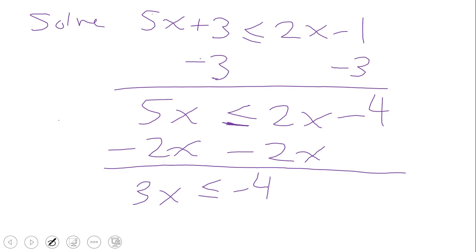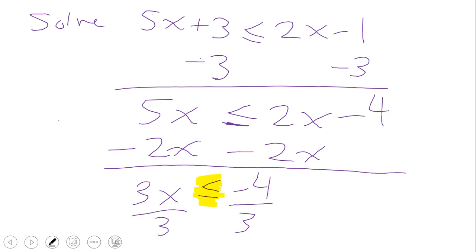Okay, so let me double check. That's 3, that's 0, that's 4, minus 4. Alright, so divide by 3, divide by 3. And of course, this sign, I'm dividing by a positive, so this sign is not going to change.